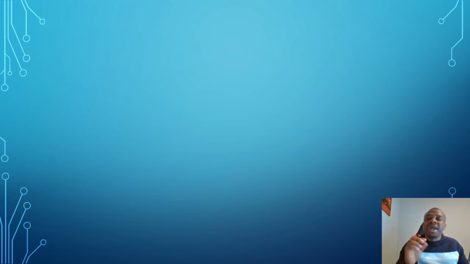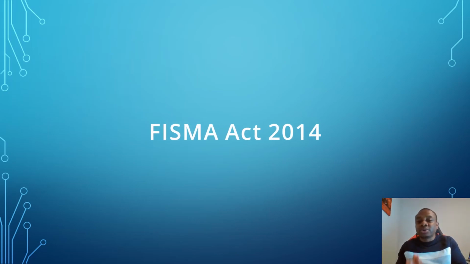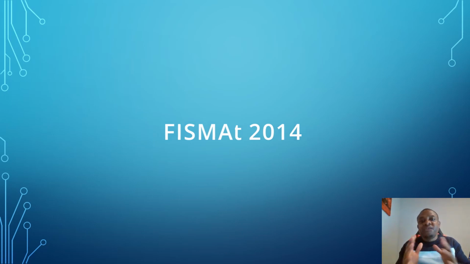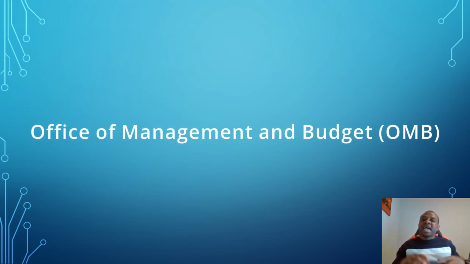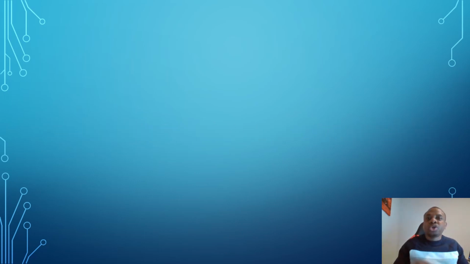While the FISMA Act of 2002 focuses on compliance, the FISMA Act of 2014 focuses on control effectiveness. Now, the Office of Management and Budget, OMB, was tasked to conduct an annual review of the agency's information security program to ensure they are in compliance with the FISMA Act of 2002.